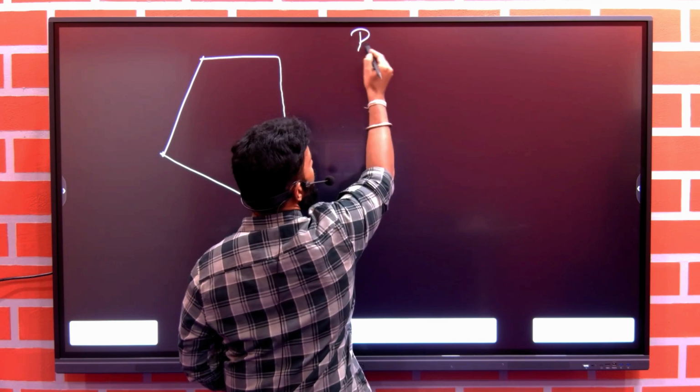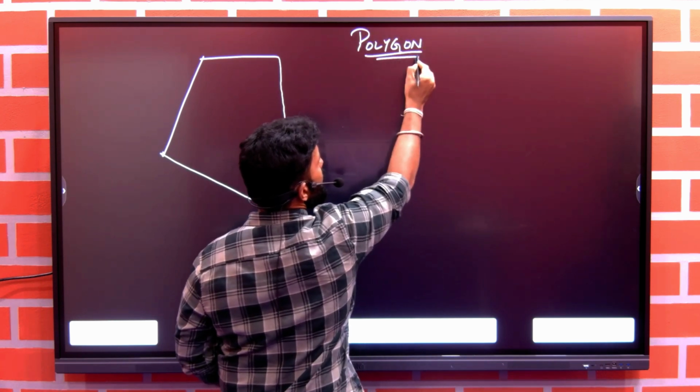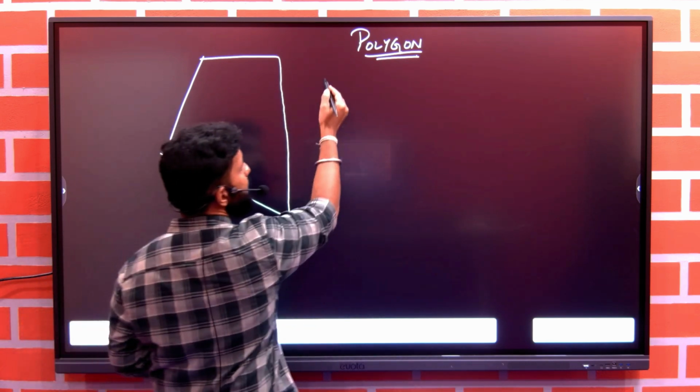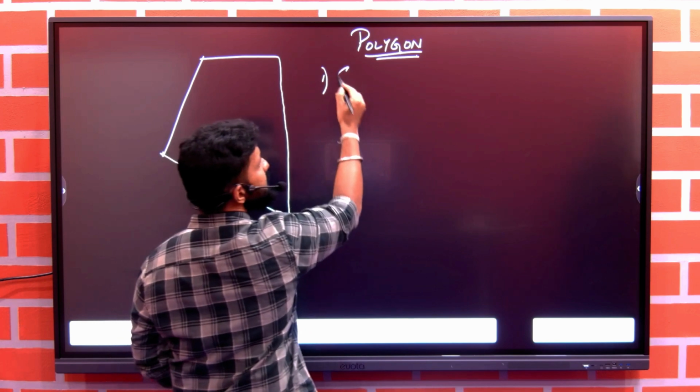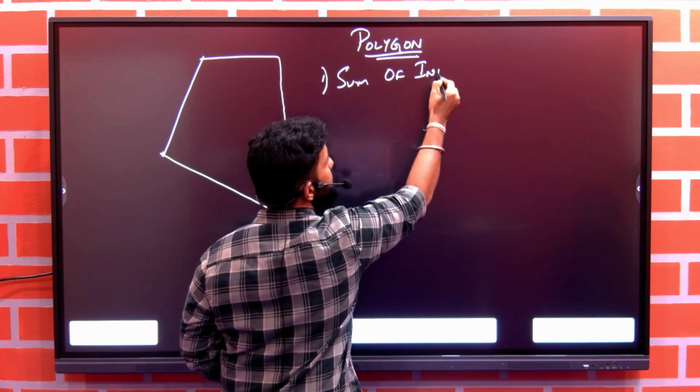So, in a polygon, we just have two formulas to remember. Number one, sum of interior angles.